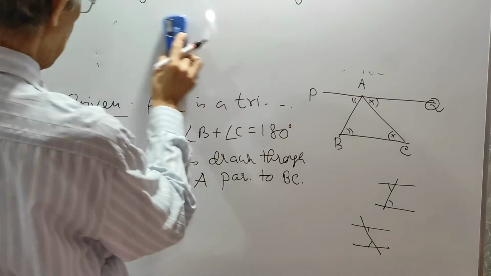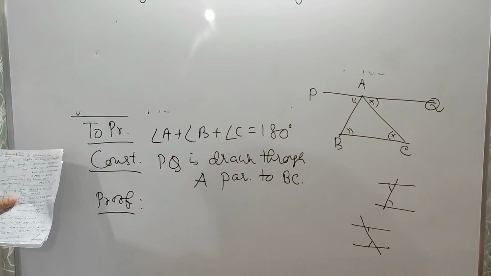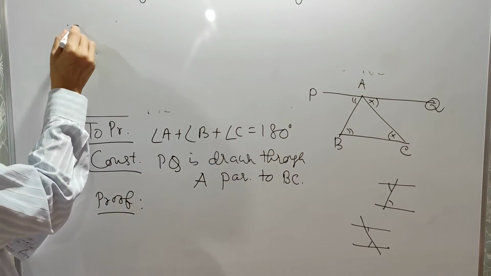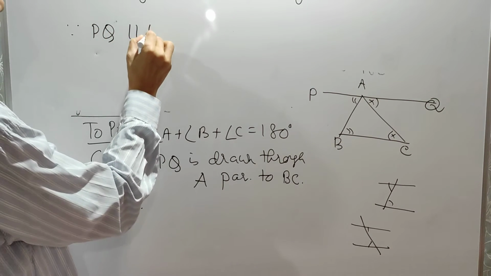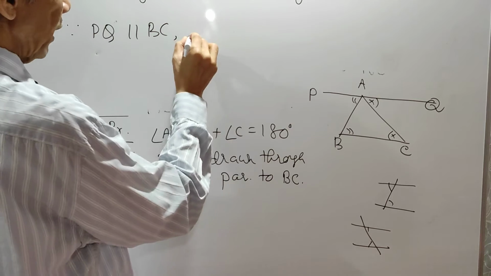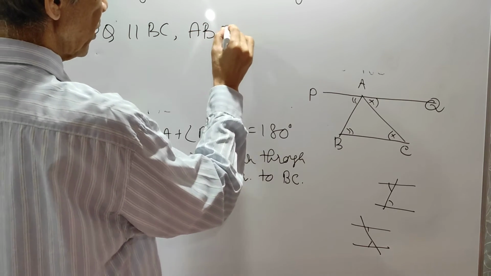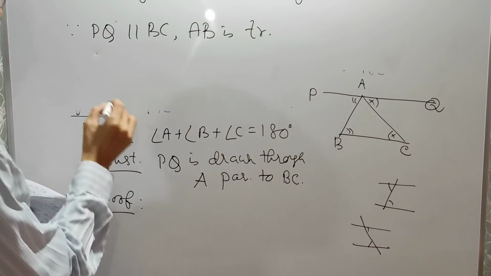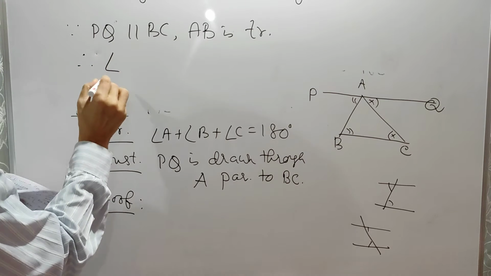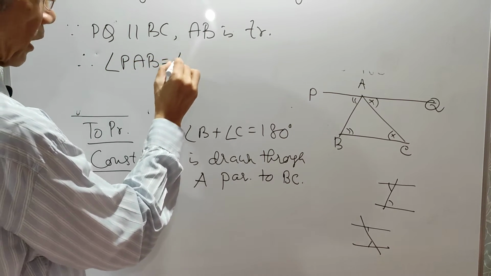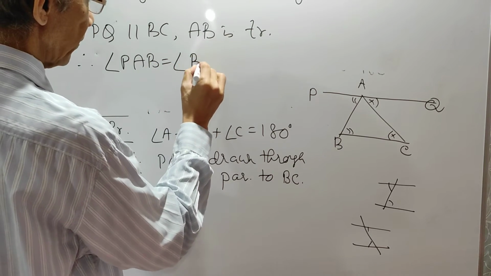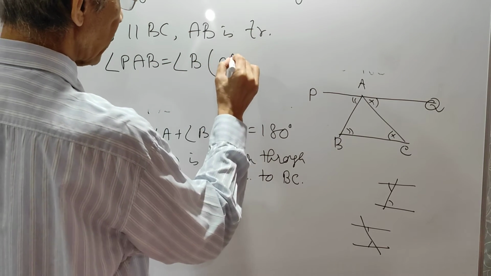All right. So since PQ is parallel to BC and AB is the transversal, therefore angle PAB is equal to angle ABC, angle B. Why? They are alternate angles.